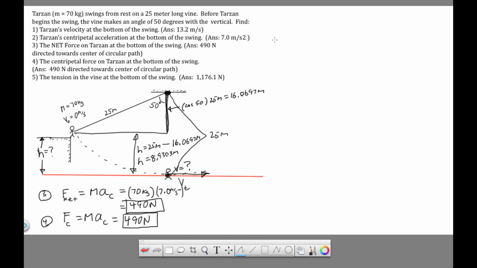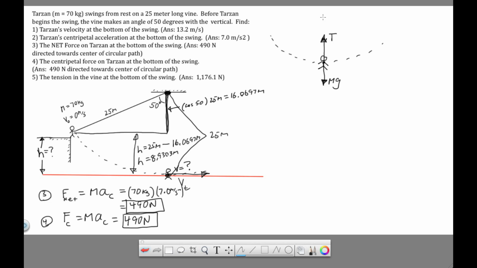So here's the swing right here. Tarzan swings down. When he's at the lowest point, so here's Tarzan at the bottom of the swing, there are two forces acting on Tarzan. We have gravity pulling him down, and then we have the tension in the vine pulling him up.